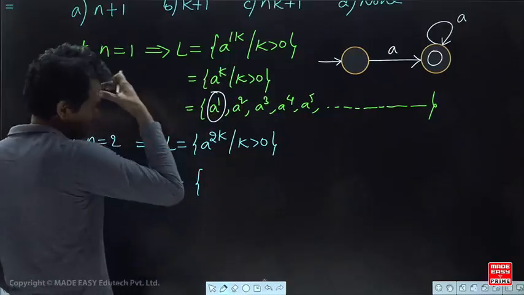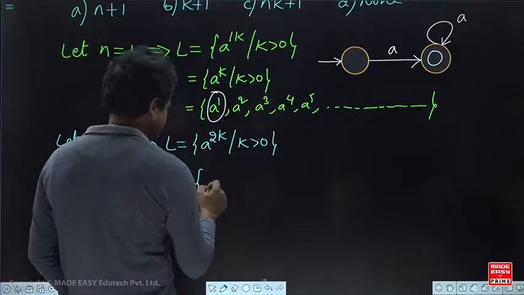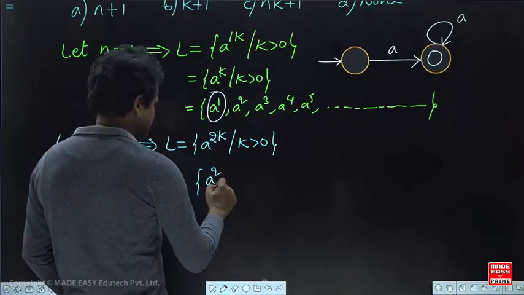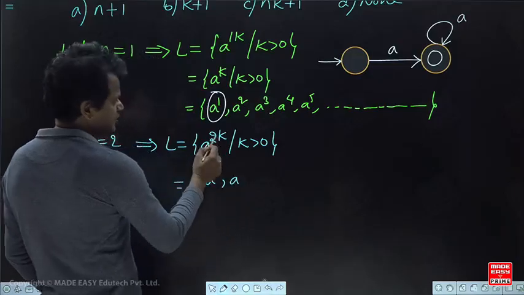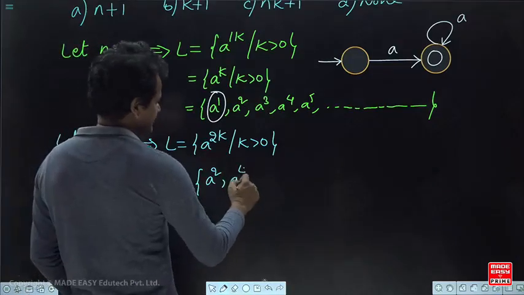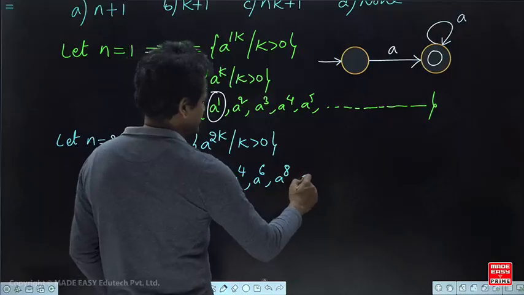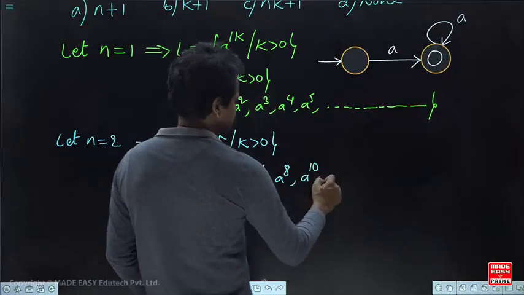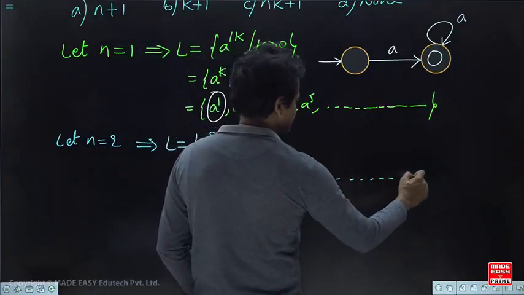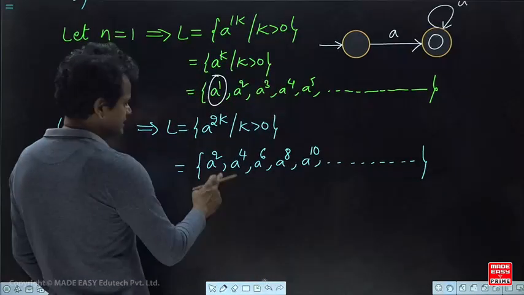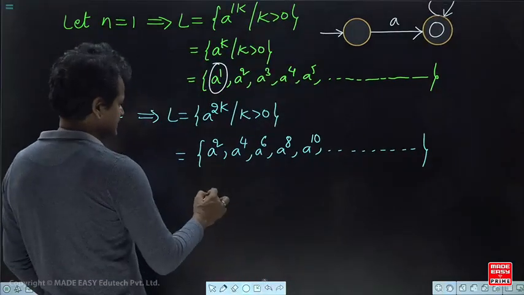What is the minimum k value? K greater than 0 means k is 1. If k is 1, a square. K is 2, a power 2 into 2, a power 4. If k is 3, 2 into 3. K is 4, 2 into 4. K is 5, 2 into 5. So like this. How many strings will be there, guys? Infinite. And among all these, what is the smallest one? The smallest one is a square.